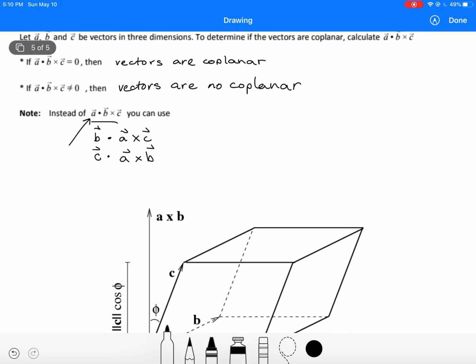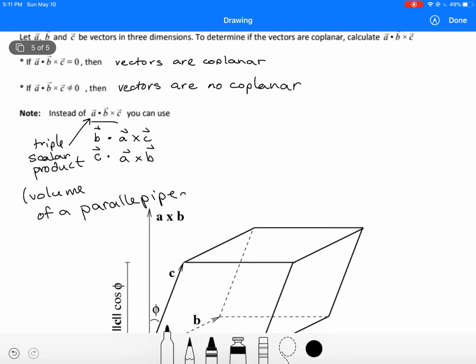So let's just add on, this is the triple scalar product, which can be used to find the volume of a parallelepiped, which is right here.